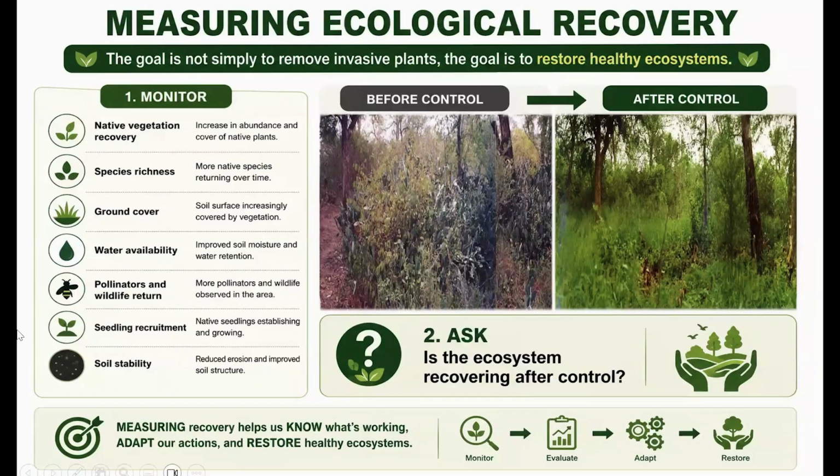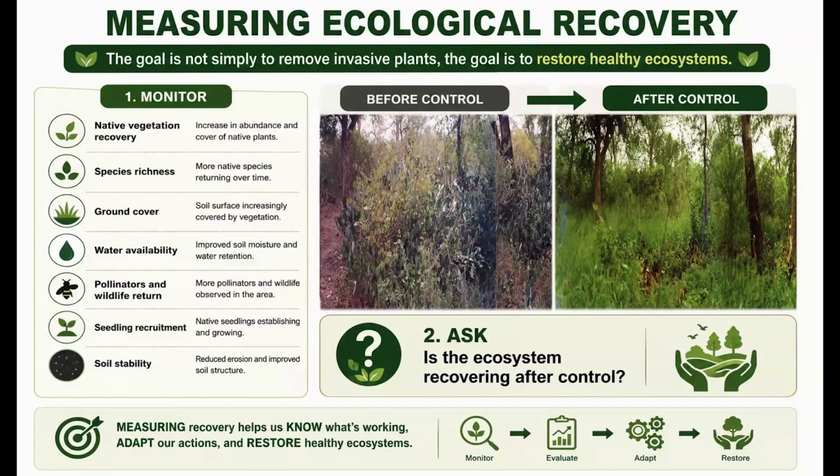And then another aspect that is also important is that when we implement invasive alien species management, we also want to see if the ecosystems that we are working on are recovering, or are they deteriorating even further? This brings in the issue of monitoring for ecosystem recovery.